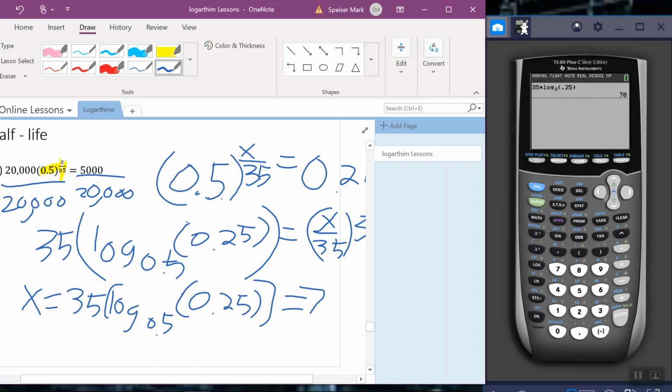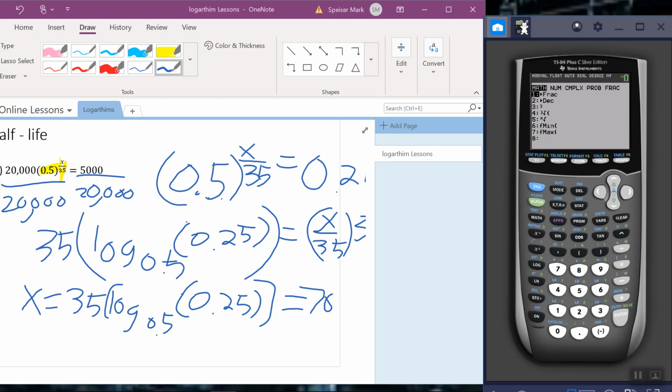The way I knew this was going to be an exact value was if you check on the calculator 0.5 to the 70th power, you want to check your answer because you got 70. It's really interesting. So you do 35, which is your power.